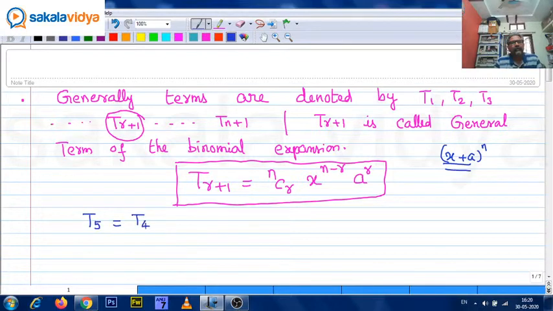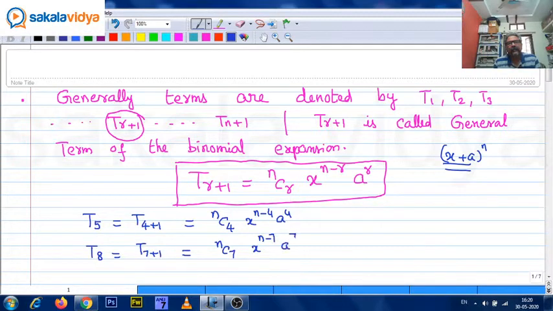We can write T(4+1), so nC4 x to the power of n minus 4 and a to the power of 4. So what is T8? T8 is T(7+1), nC7 x to the power of n minus 7 and a to the power of 7. So like this we can find any term. Okay.